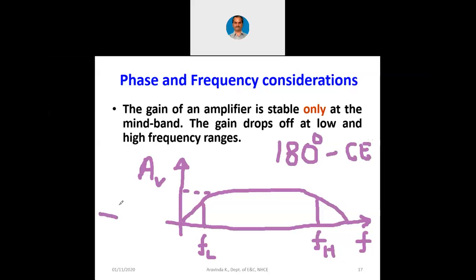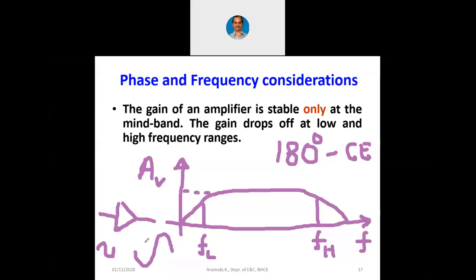Let us say this is an amplifier symbol. And we thought if the signal is like this at the input, at the output the signal will be like this. And that is how we assume that for all frequencies the phase shift is 180 degree.